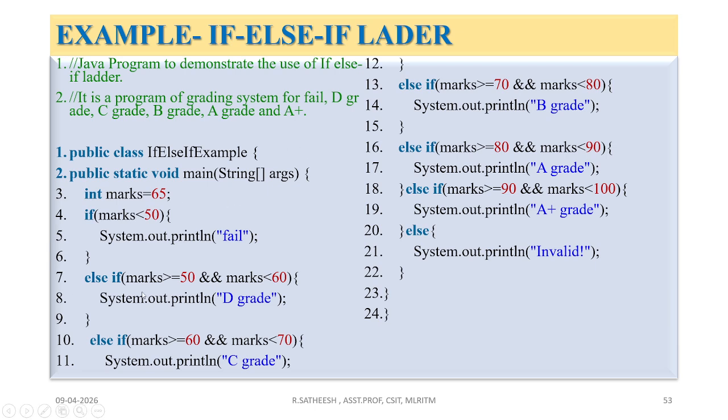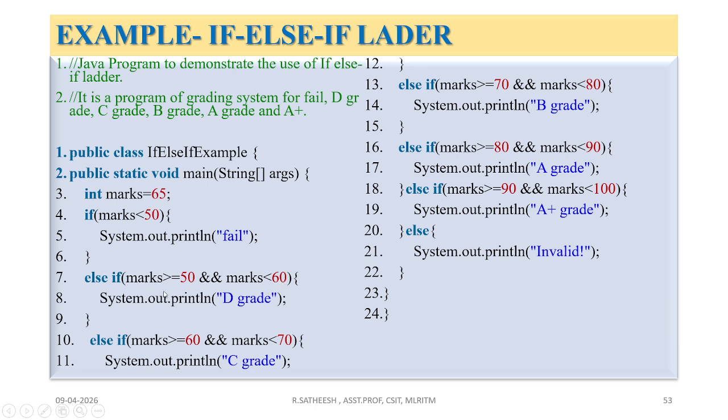Now it is going to check another condition, that is else if marks greater than 50. As of now, the condition is true. And one more, and marks less than 60. Here the condition is false.